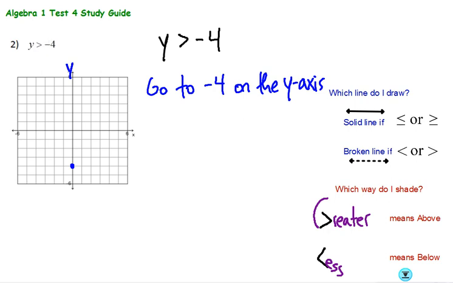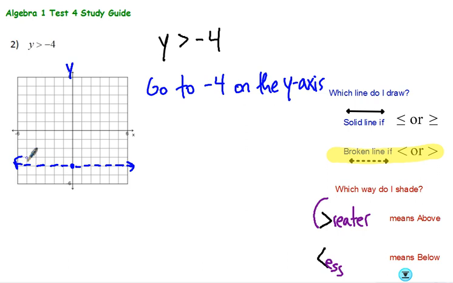So that means we're going to draw a broken line, because it's a greater than. Broken, dashed, dotted, whatever you want to say, it's all the same thing. So we'll have a line that looks like that.